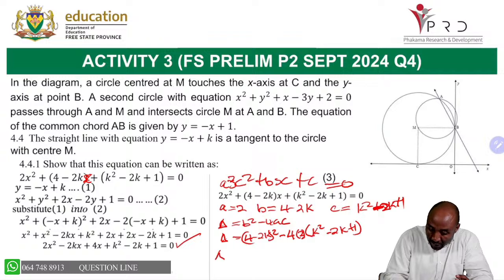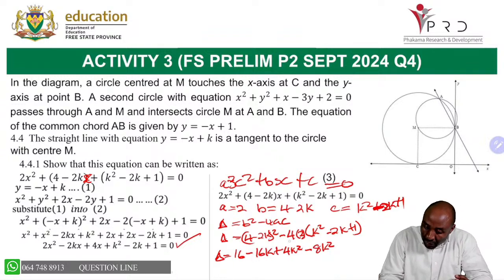Now, when we simplify this, this will give us 16 minus 16k, and then plus 4k squared minus, that will give us 8k squared, and then this will give us negative 8 times negative 2k, we'll have plus 16k, and then negative 8 times positive 1, this will give us negative 8.